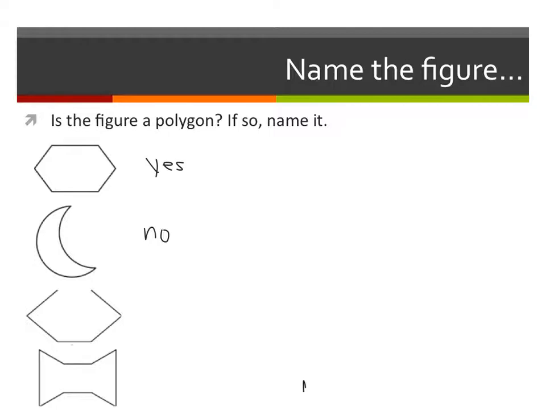Yes. Another question. I'd like to draw it. Sure. Would this be a polygon? You're gonna draw a boat. You should put this on the slide. Right. So something like this is not a polygon.